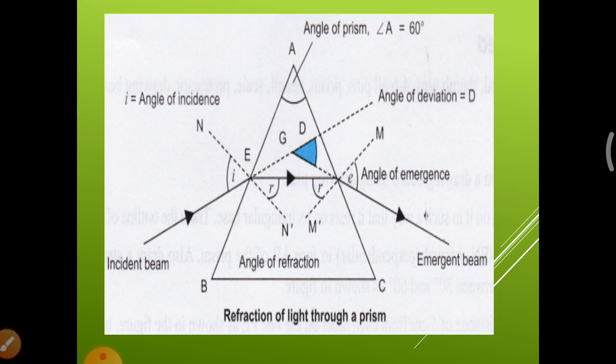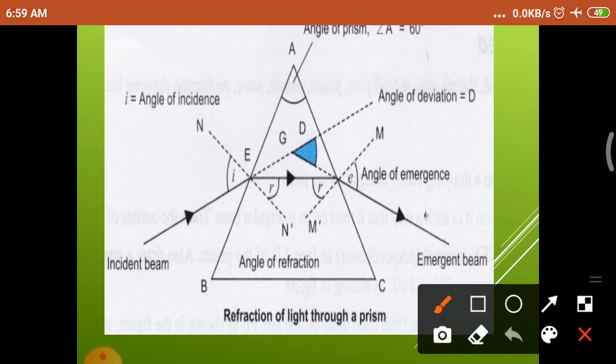Now we are going to see how the refraction takes place in the prism. When the light falls on the glass prism, this is an incident ray. You know that this is an air medium and this is a glass medium. Air is rarer compared to the glass.